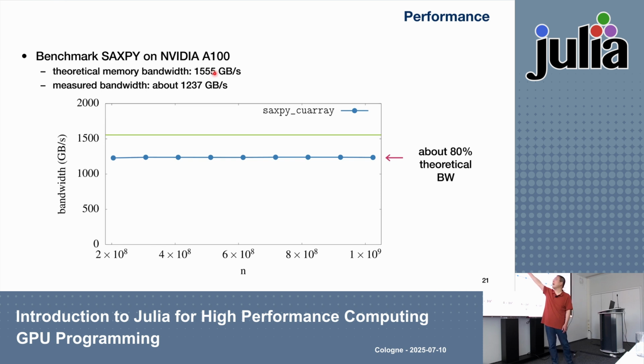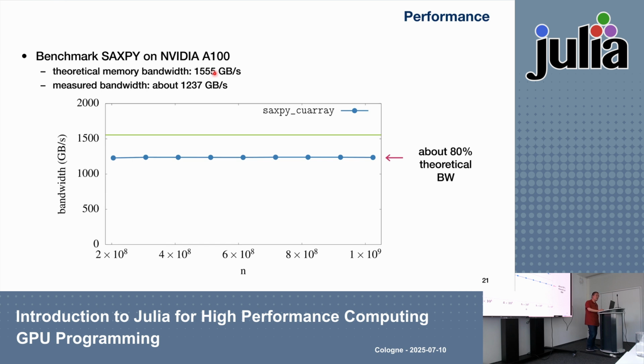With the CuArray, just one line of code, you can easily achieve 1,200, let's say, or maybe 1,300 gigabytes per second. This is roughly about 80% of theoretical memory bandwidth on GPU. This is really low-hanging fruit, really effective for your calculation.